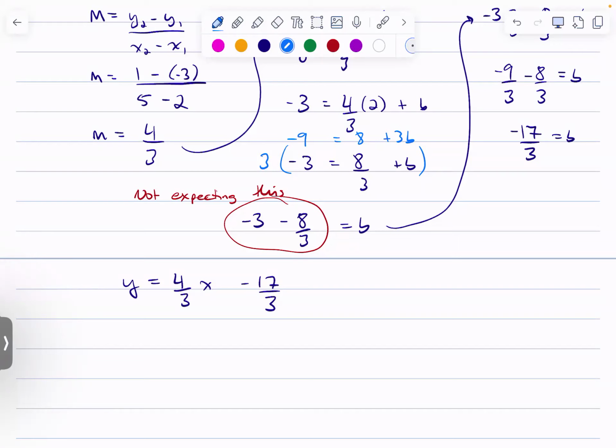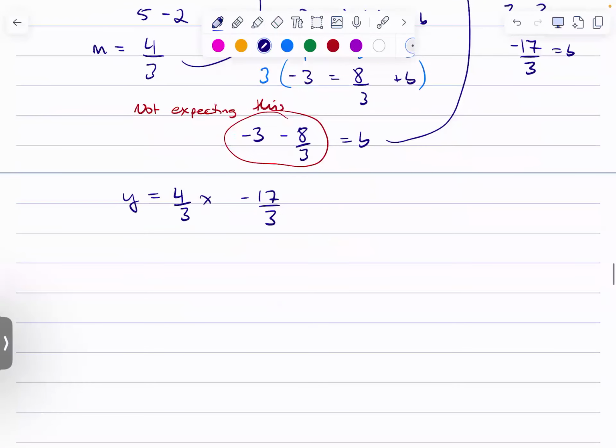I'll stick to my guns. And I'll make sure that there's no messy one on the test, obviously. But from here, -4/3x plus y is -17/3. You end up kind of doing the same thing.